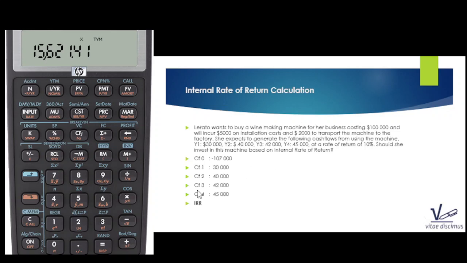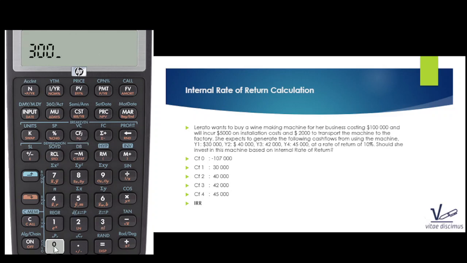So our inputs will be as follows. We'll clear our memory again and punch in 107,000 as our cash flow 0, which is the cost of investment.